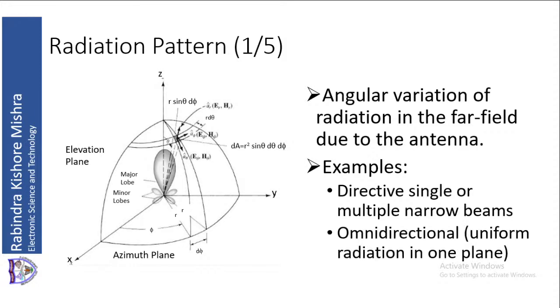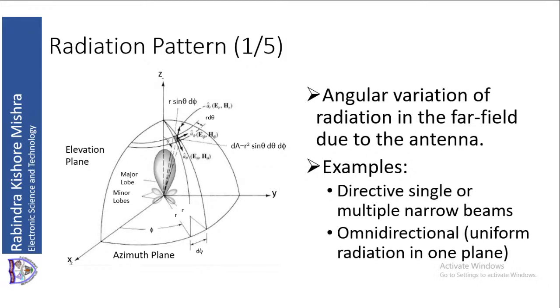Then the other example is an omnidirectional antenna. As we discussed, in the isotropic antenna, radiation is equal in all directions, all 360 degrees, in theta plane, in phi plane, everywhere it is the same. That is called an isotropic antenna.